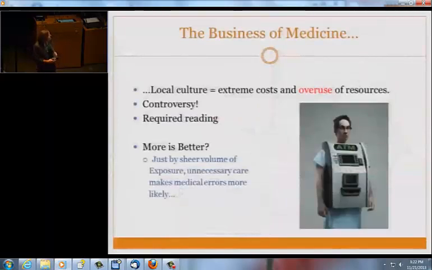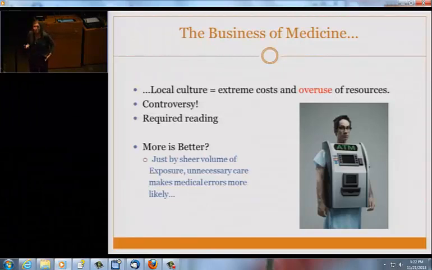So the business of medicine, the local culture, as we saw in McAllen, can really lead to extreme costs and overuse of healthcare resources. This article that he wrote was actually required reading in the Clinton administration when he was thinking about how to cap healthcare costs. This was part of that. And Atul Gawande used the Dartmouth Atlas to create a lot of this information.